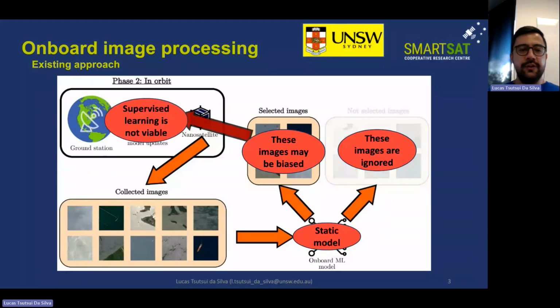And to improve the model performance, we could think about using supervised learning, but it is not viable because it would require a large amount of labeled images, and we could only get labels for the collected images if we send them to the ground for manual annotation. And this is not viable due to the restriction in the data transmission for downlink.